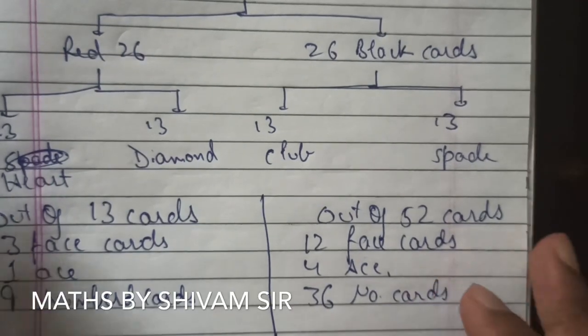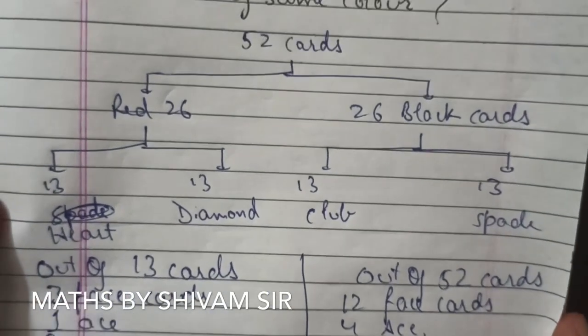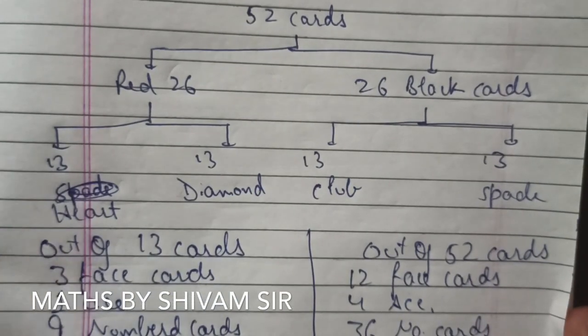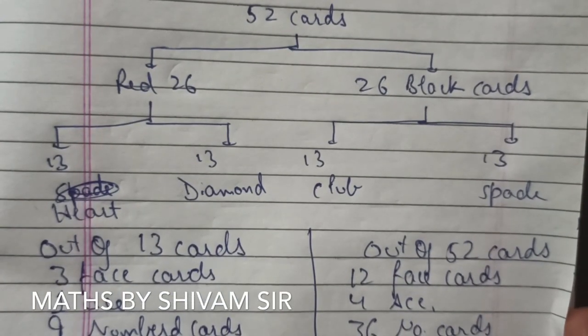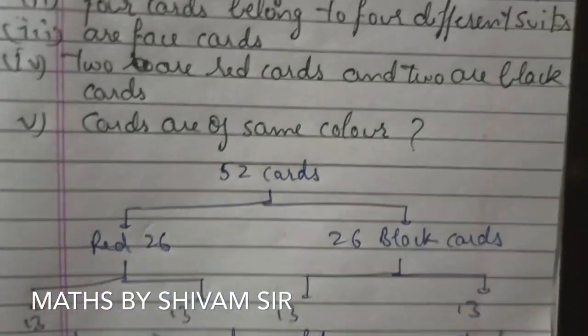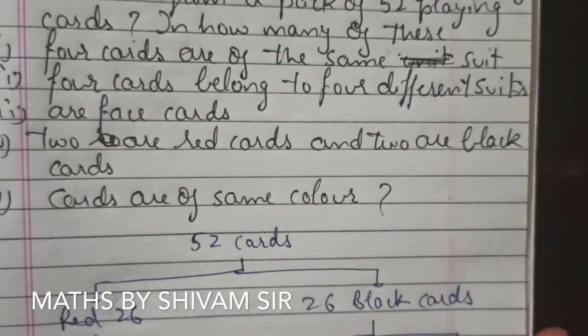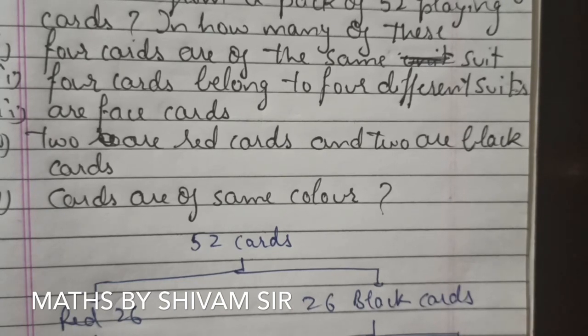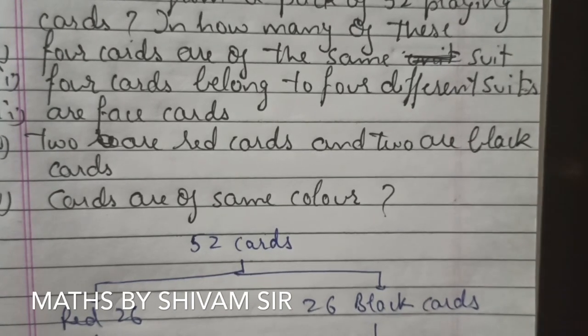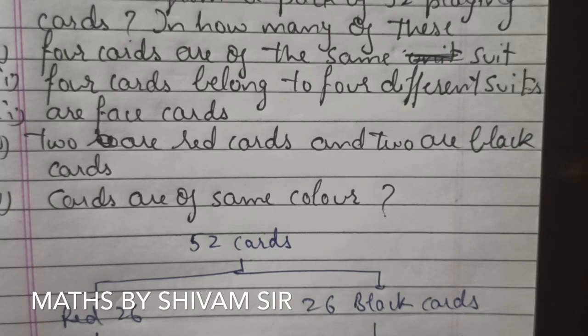So now let's come back to the question. If you want to note it down, just note it down, that's for your knowledge. So the 4 cards should be of the same suit, meaning either from heart or from diamond or from club or from spade.